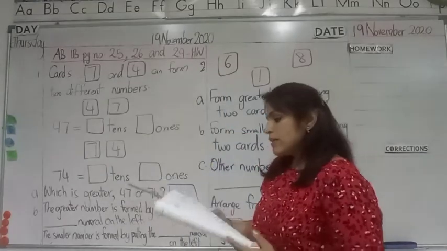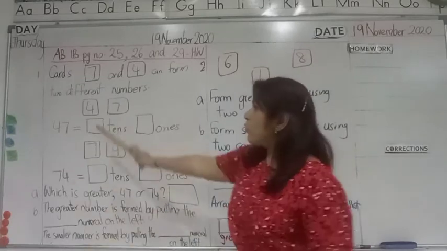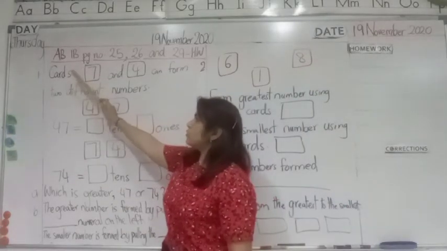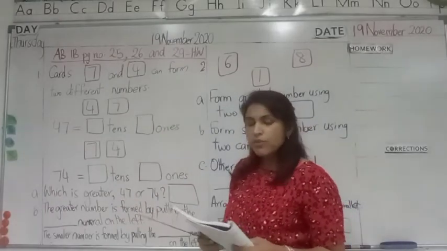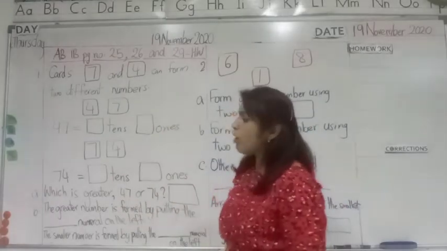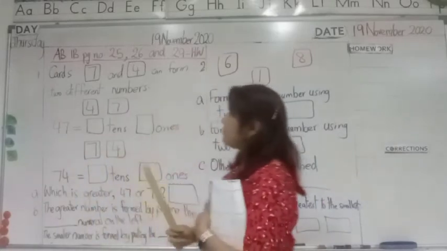Alright. The number cards 7 and 4. So there are two number cards, 7 and 4, that can form two different numbers. Yes, they can form two different numbers. What are the numbers they are forming?